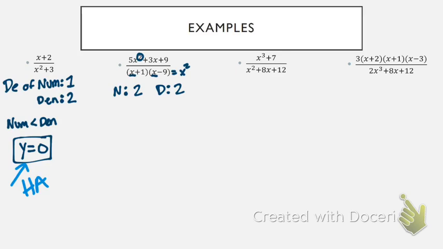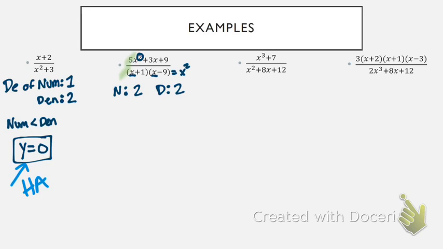And if we remember back from the notes we hopefully just wrote down, if the degree of the numerator is equal or the same as the degree of the denominator, we divide the coefficients. So the coefficient is 5, and there isn't one, so 1.